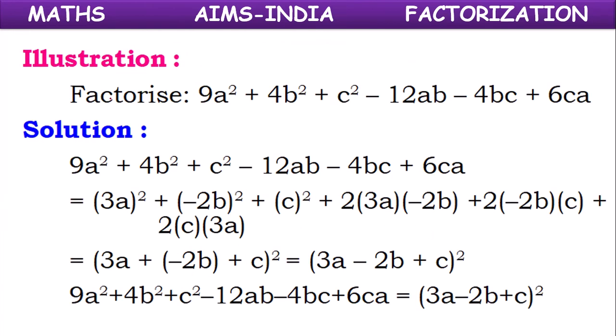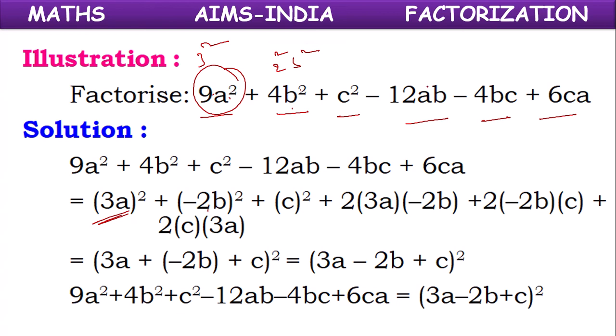Suppose they have given the question, factorize 9a square plus 4b square plus c square minus 12ab minus 4bc plus 6ca. So we have more than 3 terms here. How to factorize it? So 9a square can be written as 3a whole square because 9 means 3 square. 4b square means 2 square b square can be written as 2b whole square.